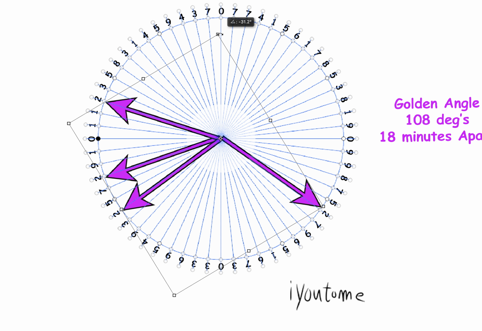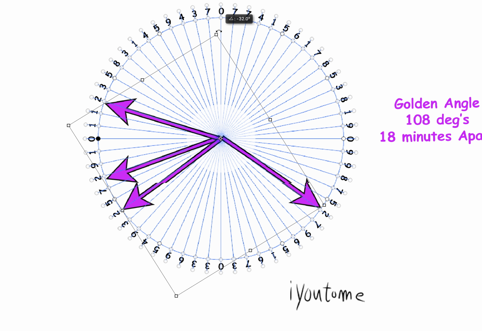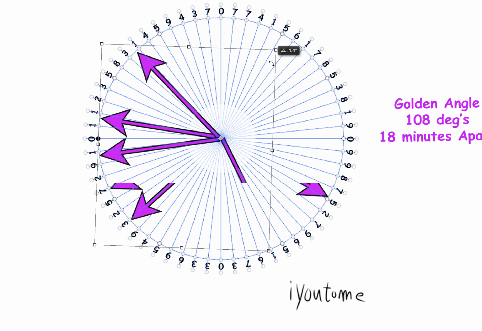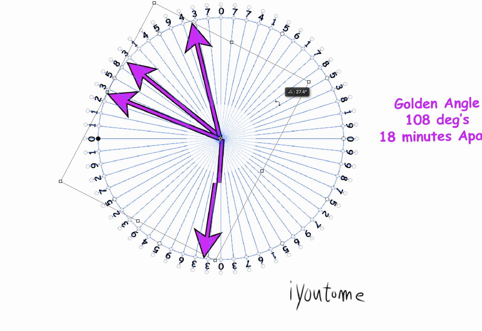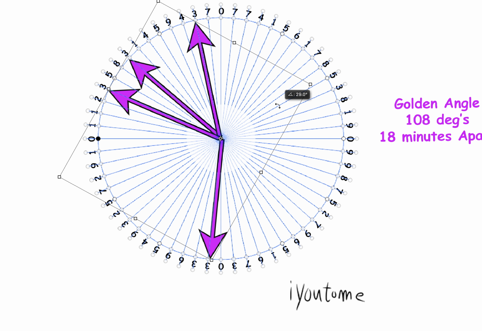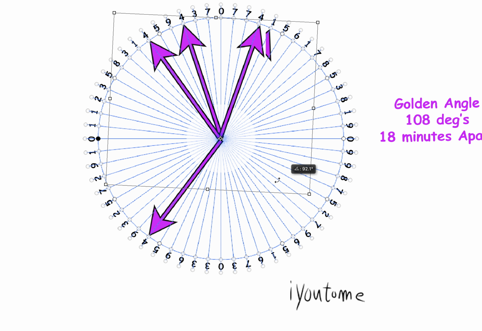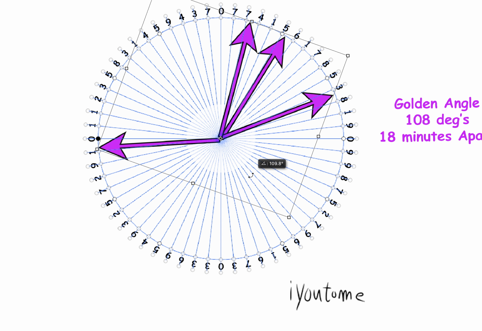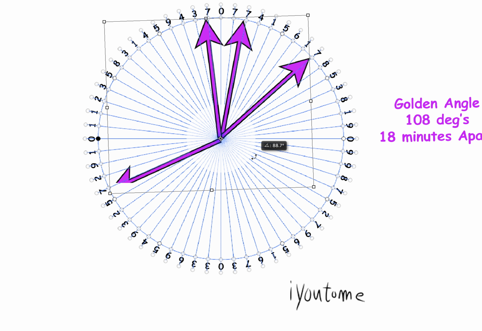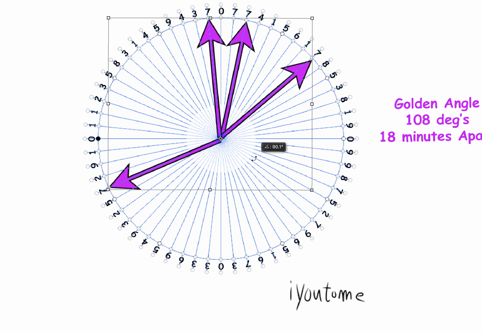Head down to the 2s. You can see they're pointing to all the 2s there, right? There's 108 degrees apart, 18 degrees apart, 36 degrees apart, all multiples of 9. Go up to the 3s. Same thing. See, points only to 3s. 4s. Points only to 4s. Move on to the 7s.